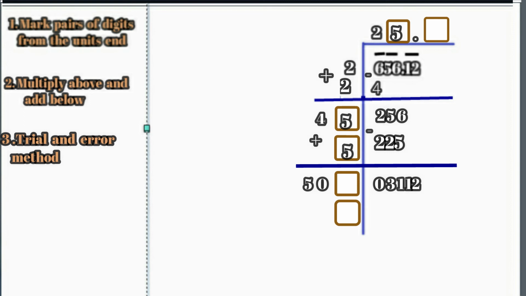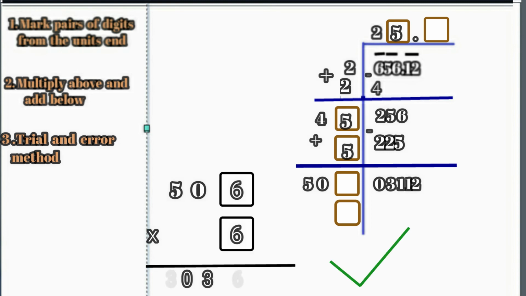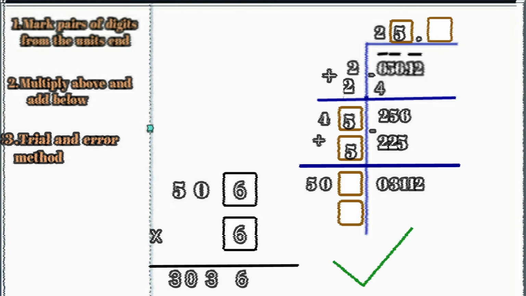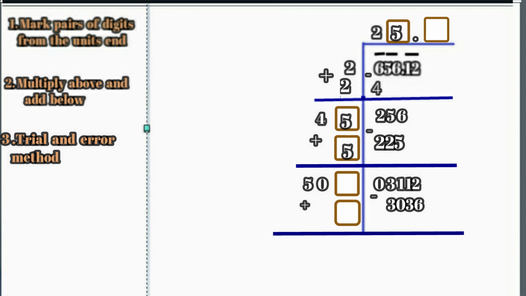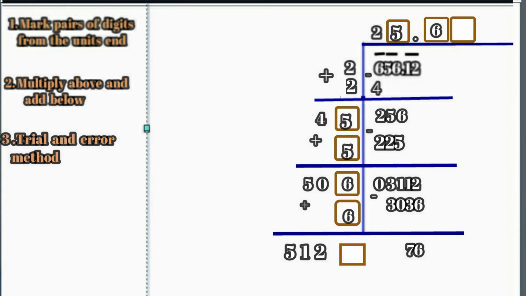Let's check. So, we have found the digits in the boxes. Now, we can go back to the second step. Multiply, add and subtract. So, we have 76. Now, we can write the next pair down.